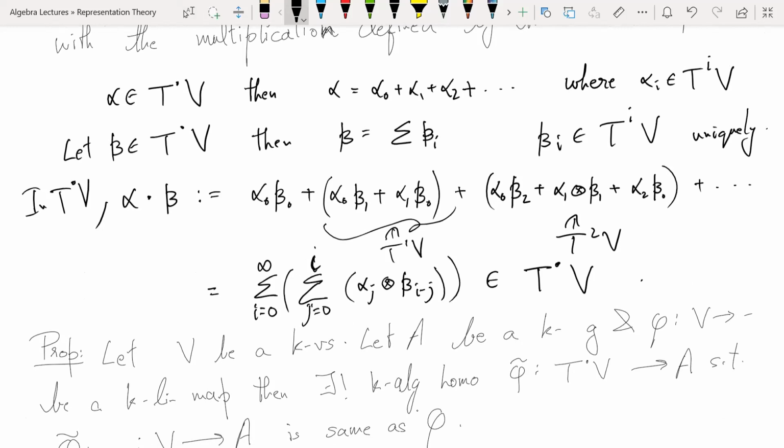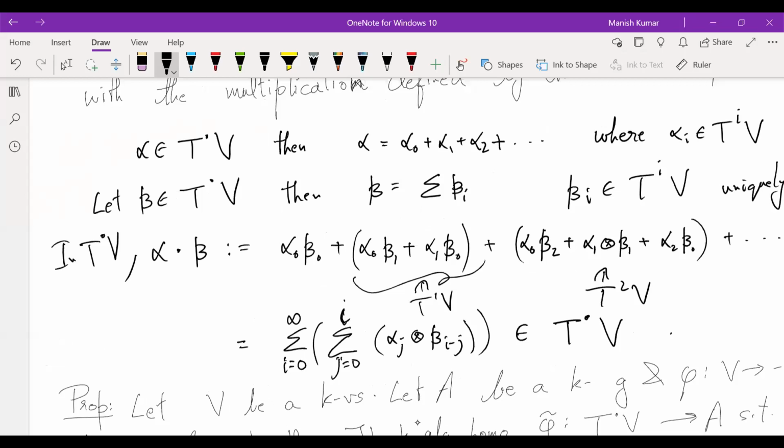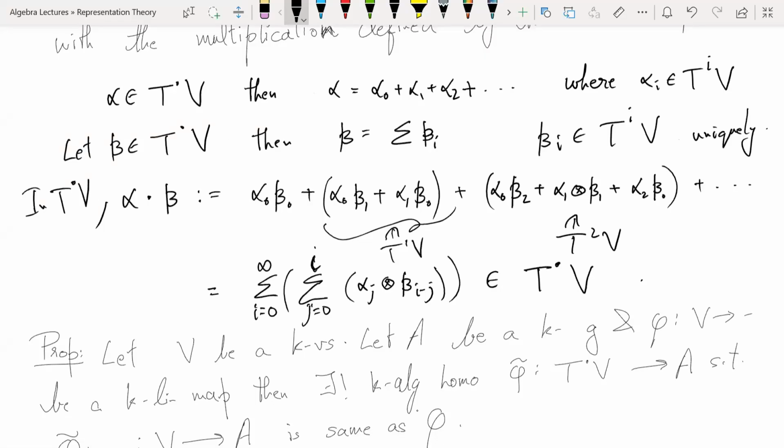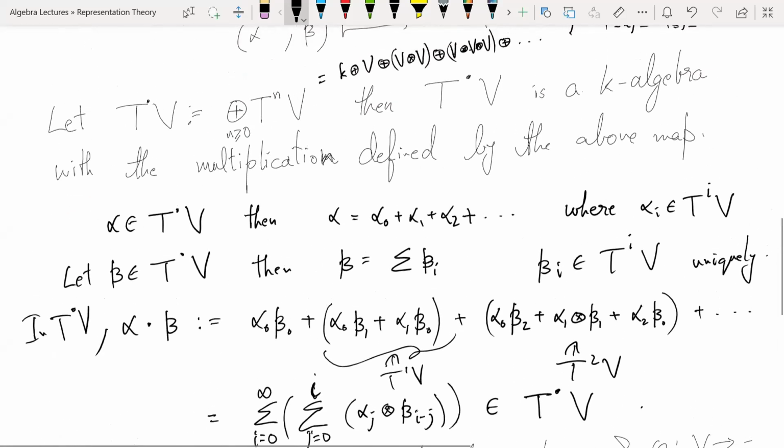It's also a graded algebra over K, but in particular a K algebra. Graded is something which I don't know if you have seen, but if you don't know what a graded algebra is, you don't have to worry about it. Graded algebra means you can decompose it like this. There is a grade 0 piece, which in this case is K. There is a grade 1 piece and so on.